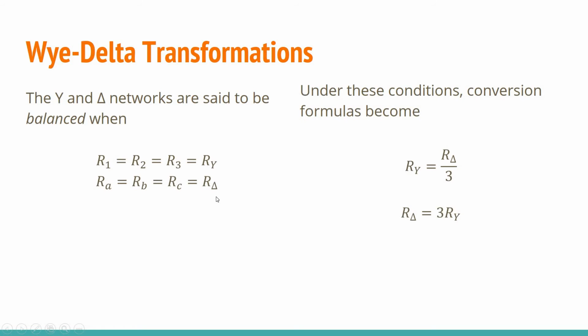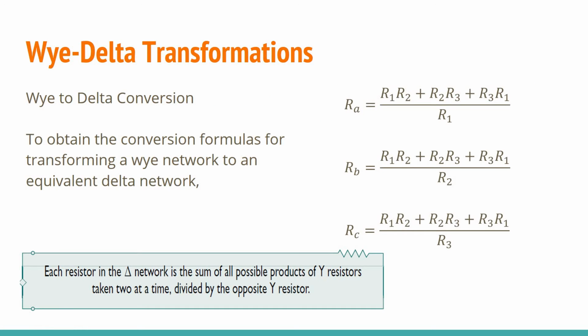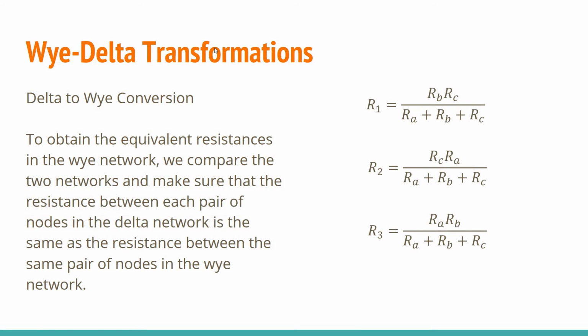Same lang resistances. Kung sa delta pod, same pod ang resistances sa RA, RB, and RC. So, dili magamit ang kaning mga equation kung dili equal. Pero kung dili gani equal ang iyang resistances, ang gamiton nga formulas is katong una. So, Y to delta. And then, sa delta to Y, kani ang gamiton, R1, R2, R3.